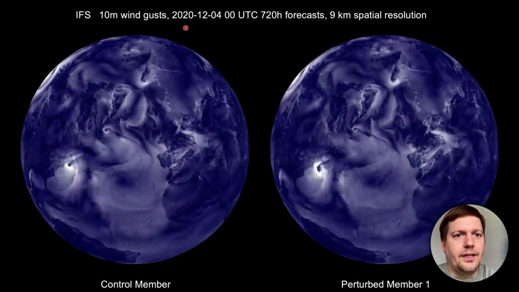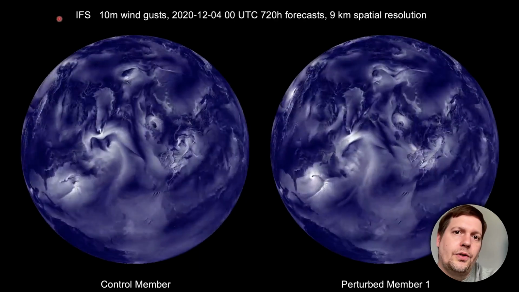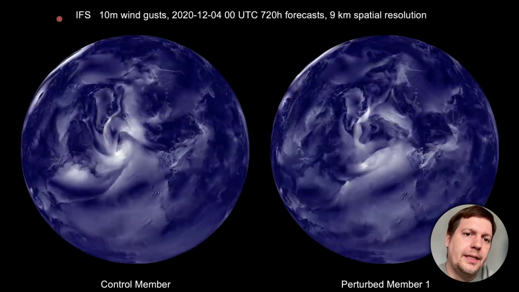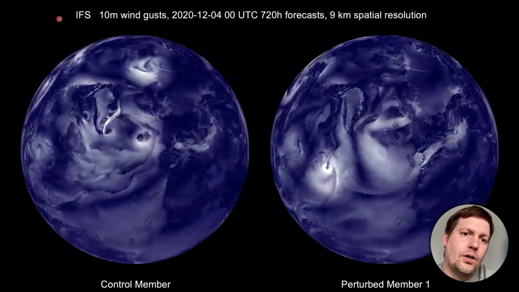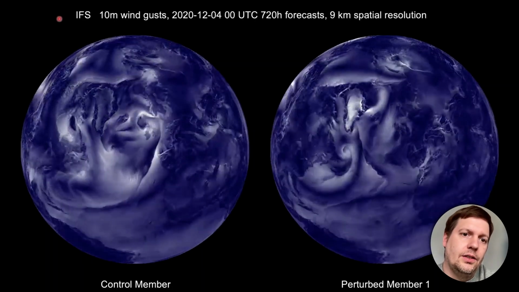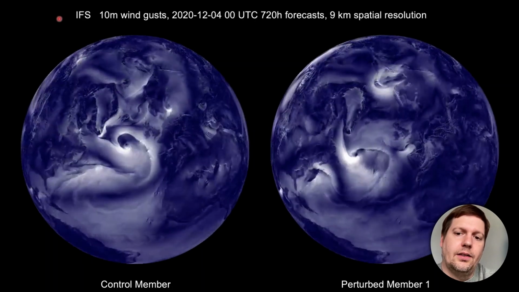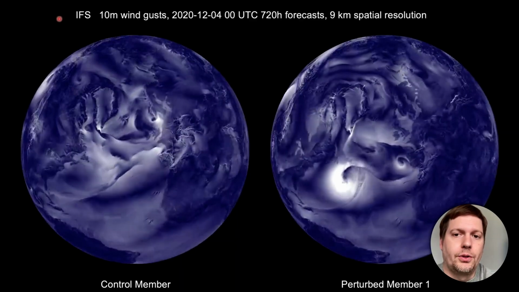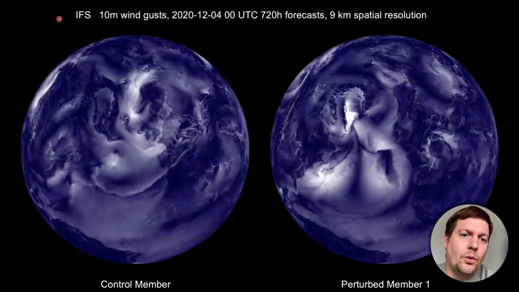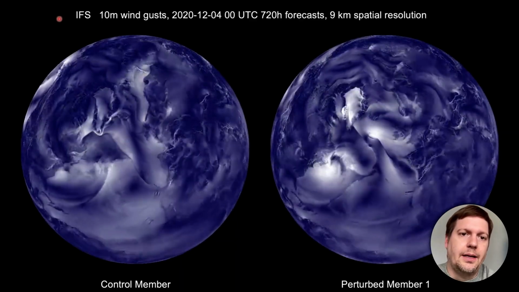And I think these are plots here of wind gusts, again from our physics-based system. On the left is our control forecast, so our single forecast, and on the right is one perturbed member. One thing you can see is how rich the dynamics are.